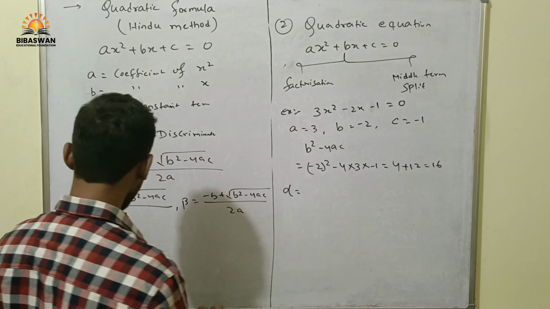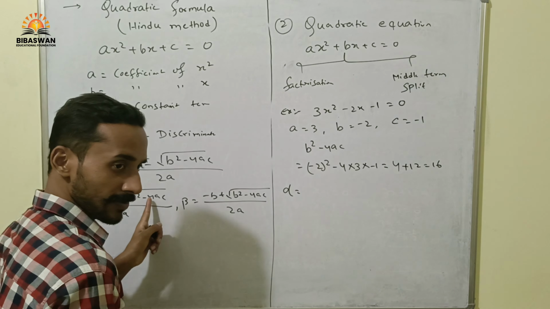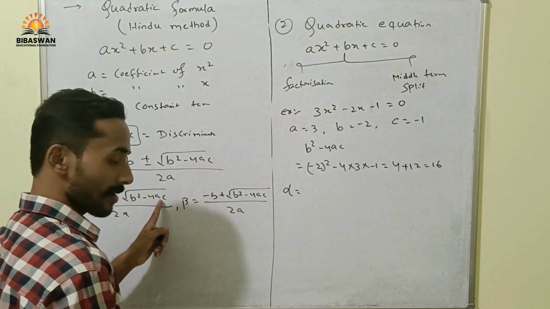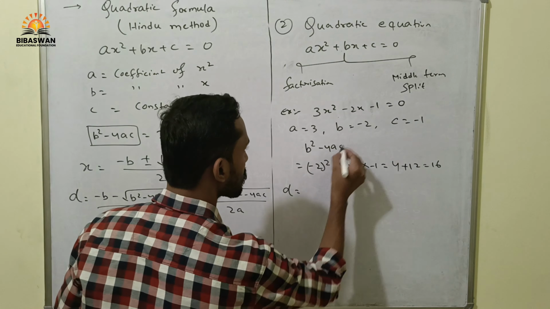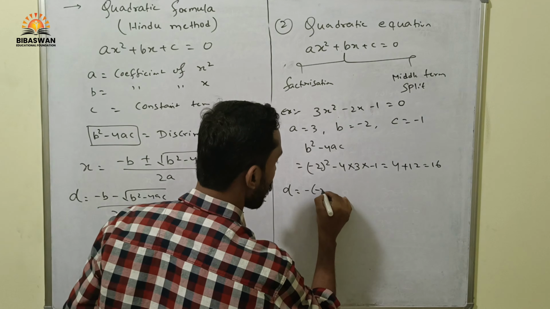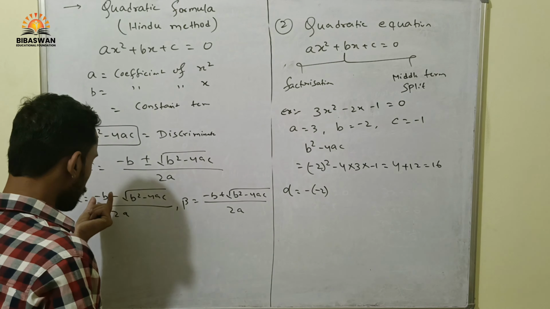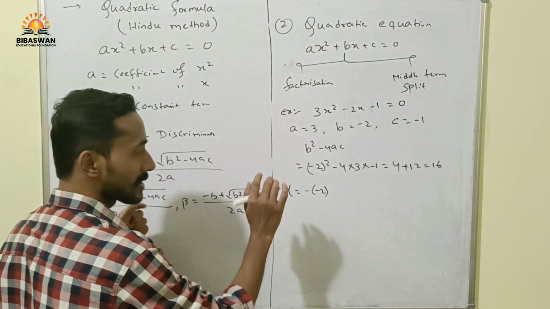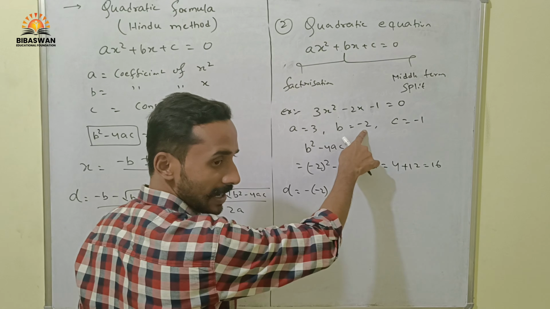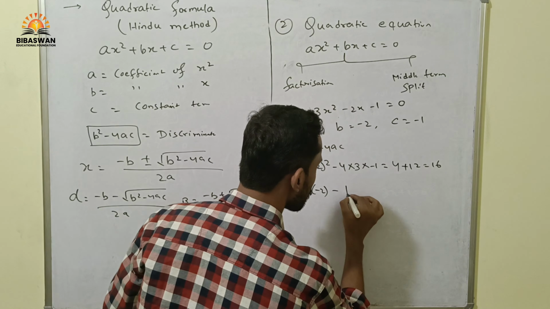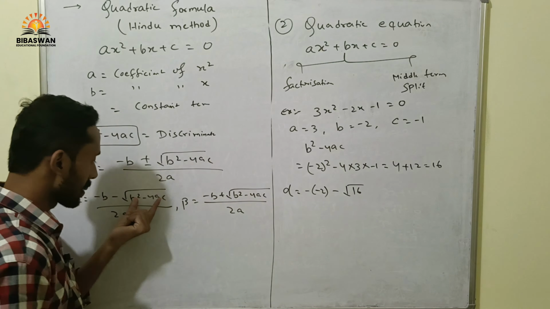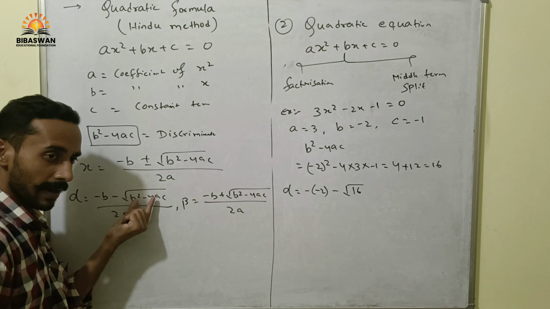Now there are two zeros. Alpha, what is the value of alpha? Minus b minus root over b square minus 4ac. Minus b means minus of minus 2. B is already minus 2, but we have to apply minus b. So 2 minus root over 16, because here the formula is minus b minus root over b square minus 4ac.